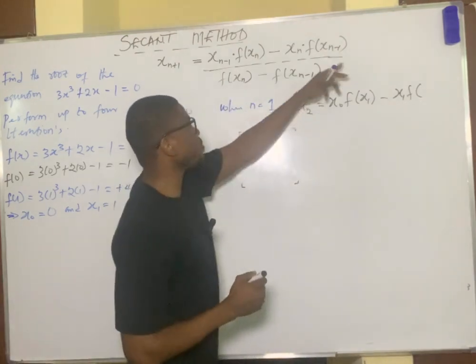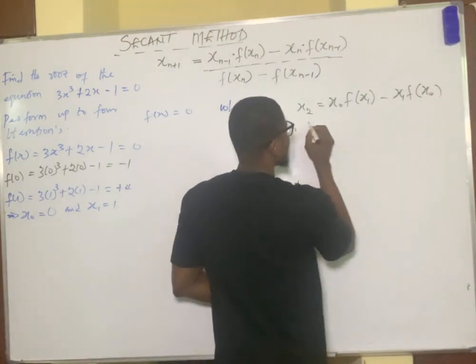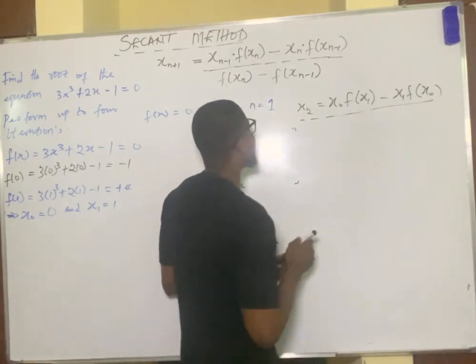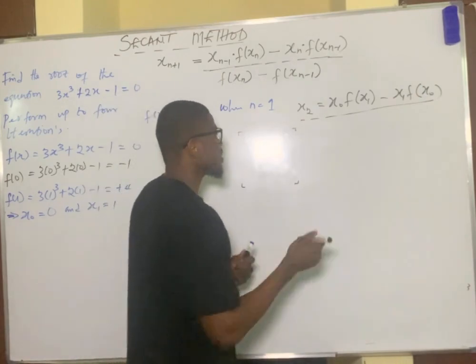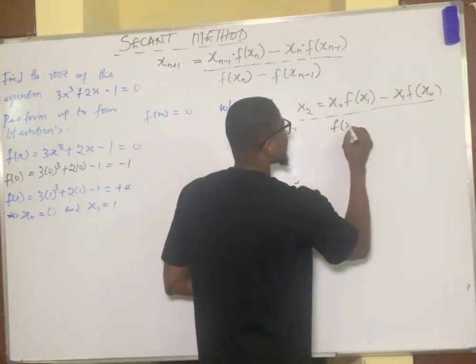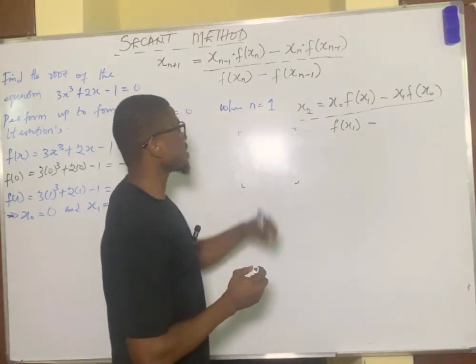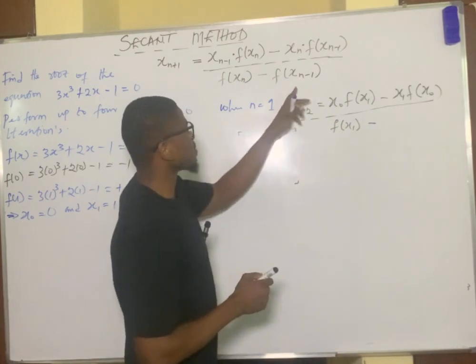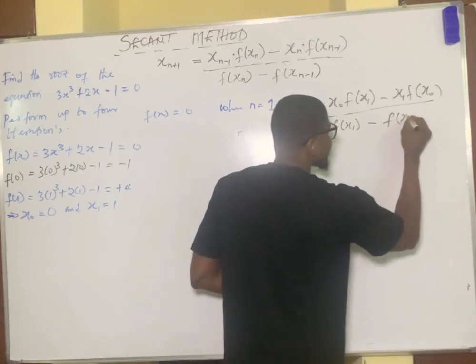So n is 1, 1 minus 1 is 0, so you have f of x0, the whole of this divided by, I have f of x(n) here, and once again n is 1, so that gives us f of x1 minus f of x(n-1). So n is 1, it becomes 1 minus 1, which is 0, so you have f of x0.